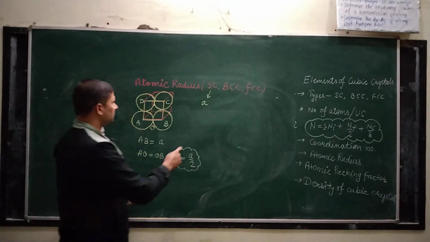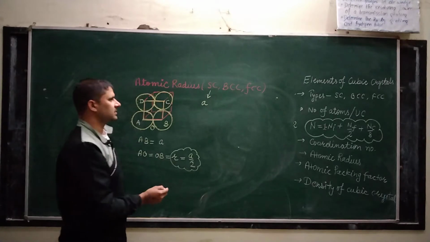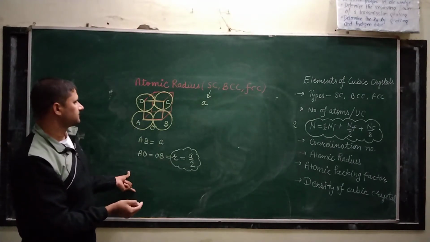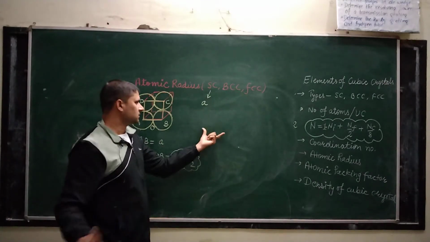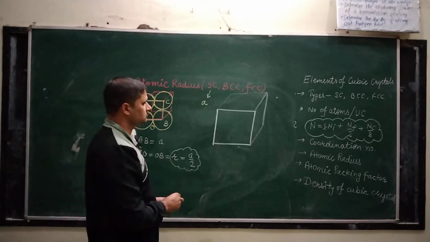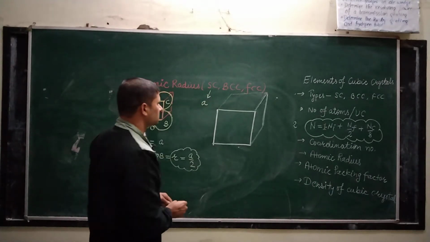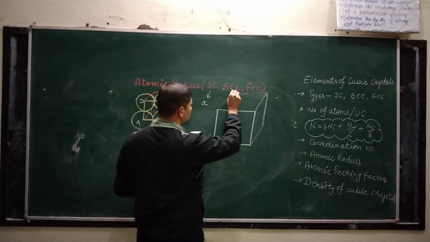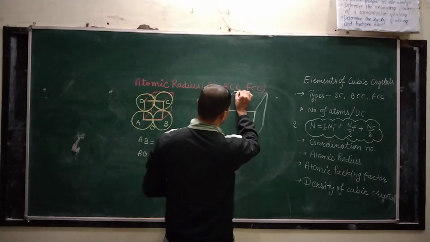Okay, now come to BCC. What will happen in case of BCC? Let me complete the diagram. Okay class, in BCC, firstly see what is the position of the particles and where particles are present.